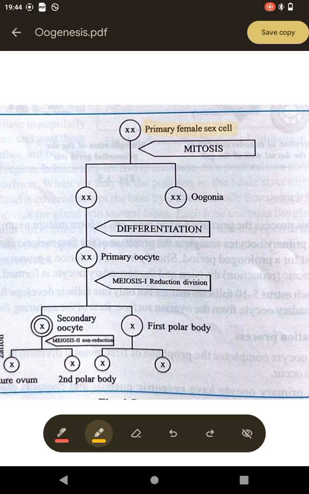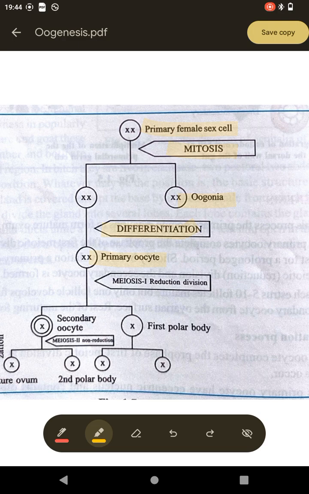The primary female sex cells are derived from the endodermal cells of the yolk sac or the lining of the dorsal wall of the mesentery. And through mitosis, these increase in number and form the oogonia. The oogonia now go to differentiation and differentiate into the primary oocyte.